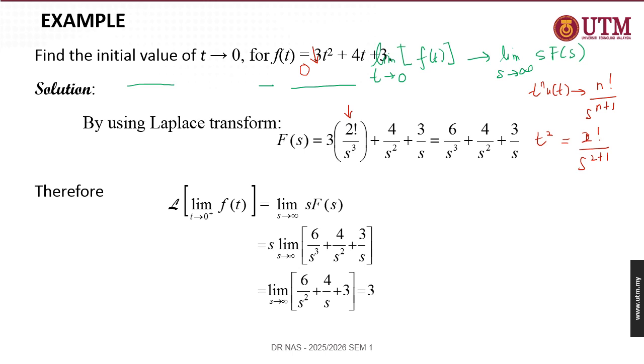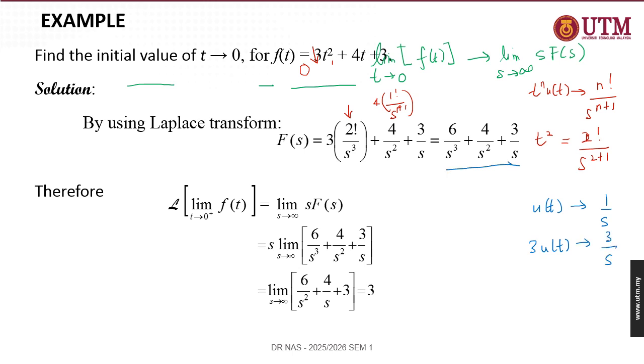For the second component, we have 4t to the power of 1, so it is 4 multiplied by 1 factorial divided by s to the power of 2. For the third component, it's just 3u(t); the Laplace transform of u(t) is 1 over s, so here it is 3 over s.